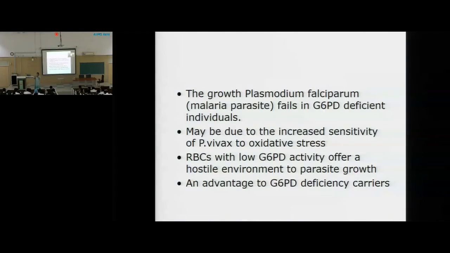So if there are two individuals, one who is not deficient and the other who is deficient, the one who is more likely to survive in an endemic environment is the one who is deficient. So over the generations, the percentage kept on increasing. This is something interesting and often asked in the vivas.